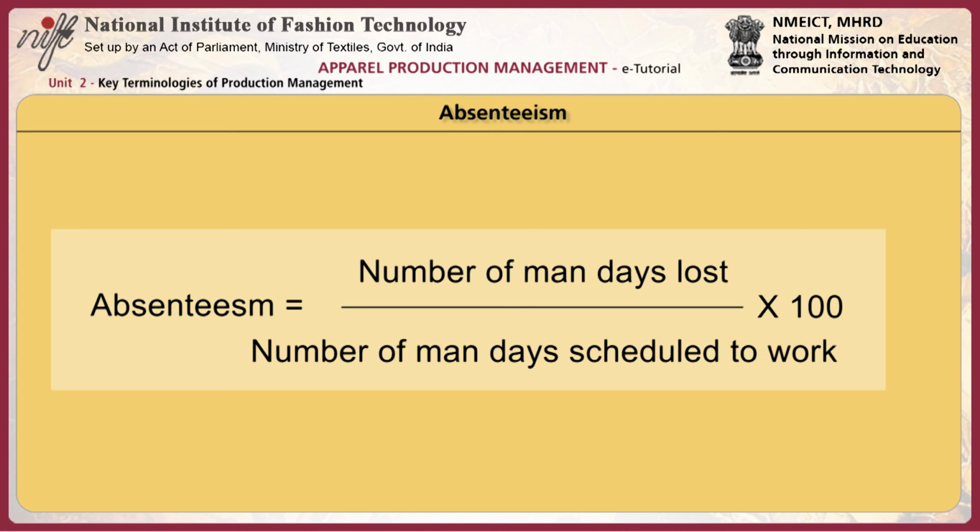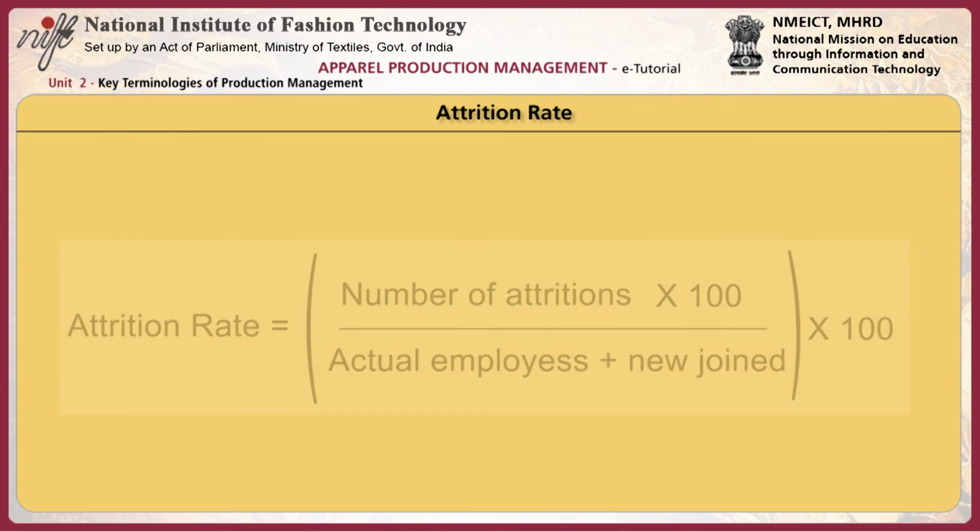In brief, absenteeism means absence which is willful but avoidable. This formula can be used to calculate the absenteeism rate of an individual as well as an organization. Absenteeism in the garment industry is in the range of 10% to 15%. This results in huge production losses and should be closely monitored.